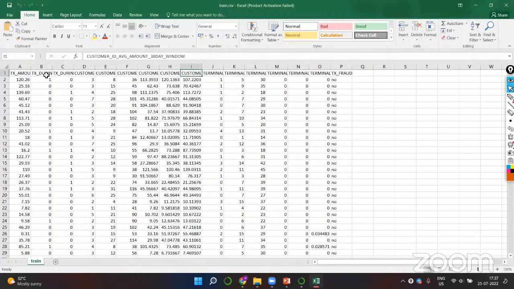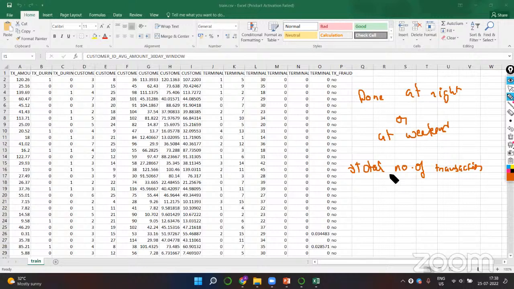So now instead of focusing only on how much money they have transferred, we are trying to segment the transfers into different portions. We are trying to see if transactions done at night or at the weekend mean anything. We are trying to see the total number of transactions, to see if anything possible is there.